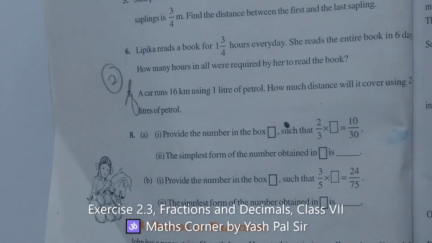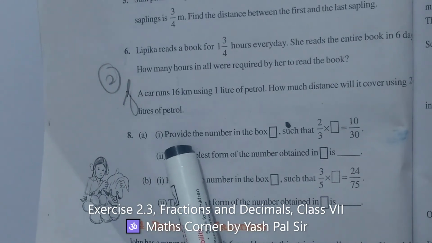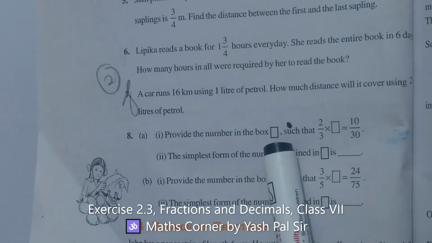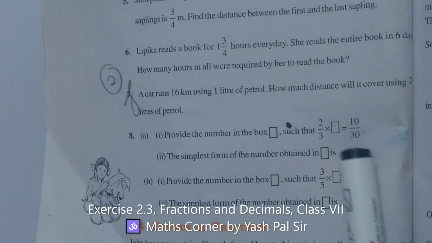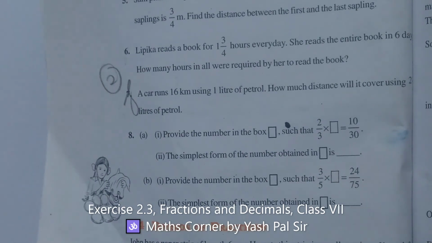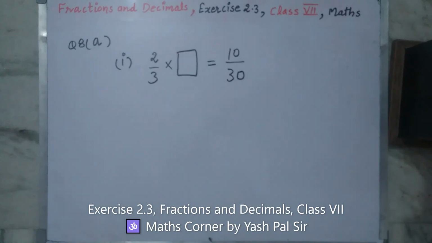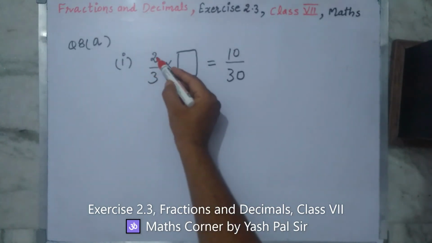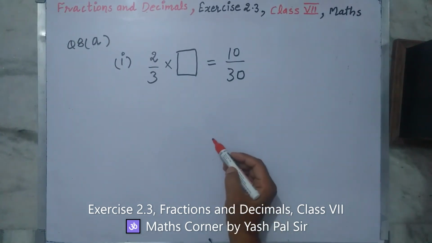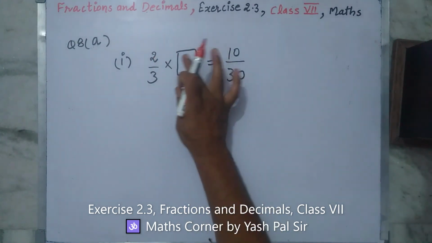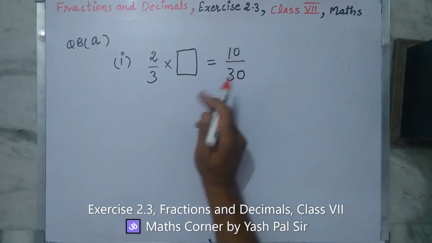Now we have question number 8, 8a part. Provide the number in the box such that 2 by 3 into blank box is equal to 10 by 30. So this is the question. 2 into what number equals 10?